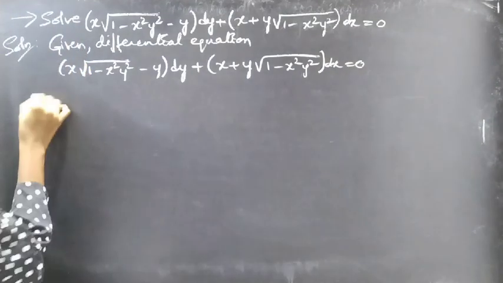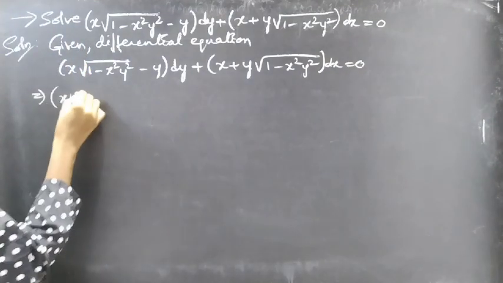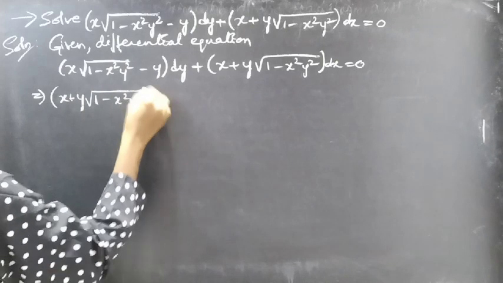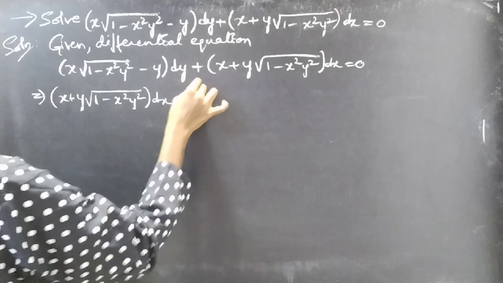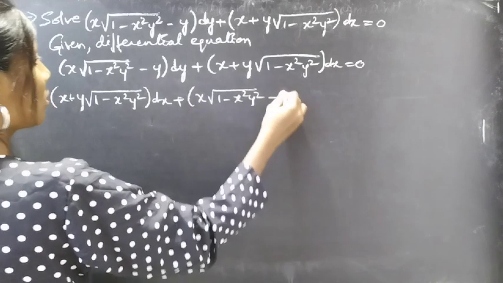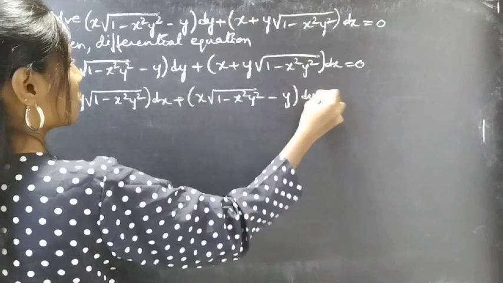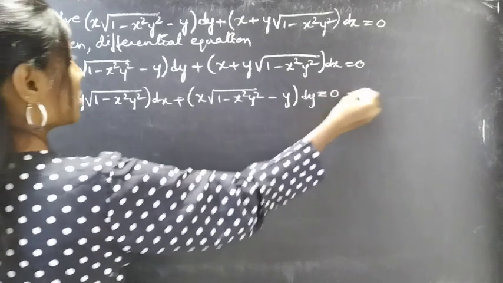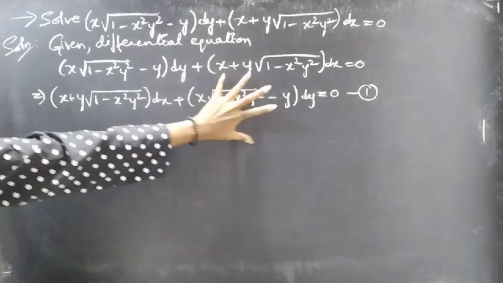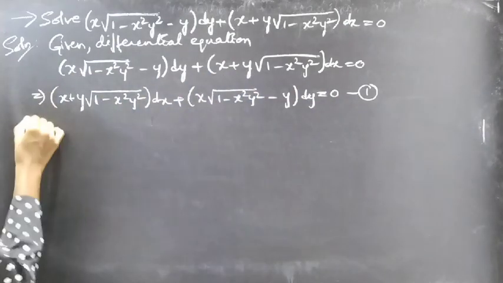We can write this as x plus y into square root of 1 minus x square y square into dx plus x into square root of 1 minus x square y square minus y into dy equal to 0. Consider this as equation number 1, which is of M dx plus N dy equal to 0 form.